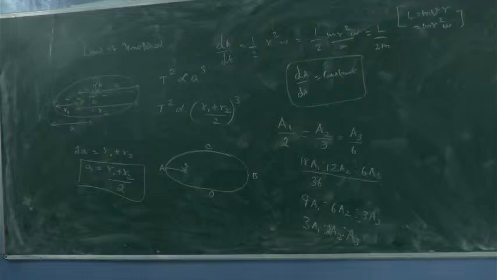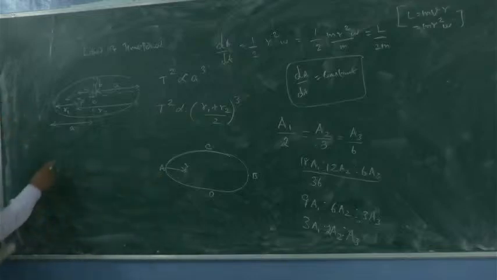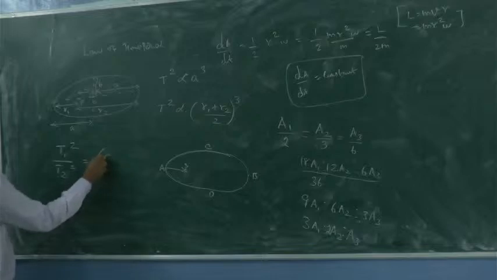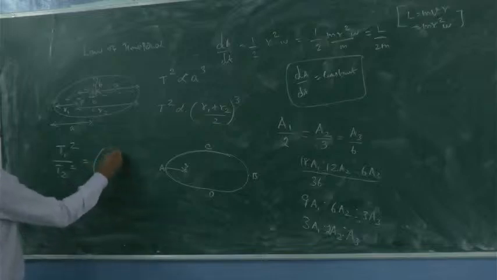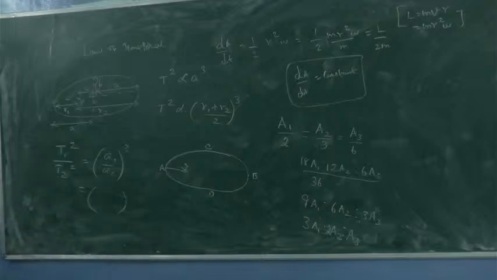Okay, which relation will be used? Time period and the distance. T square is proportional to A cube. So T1 square by T2 square is A1 by A2 whole cube. Distance ratio is given or not?